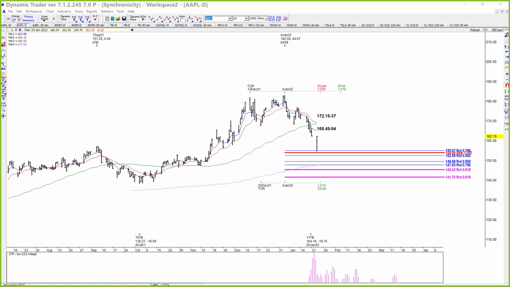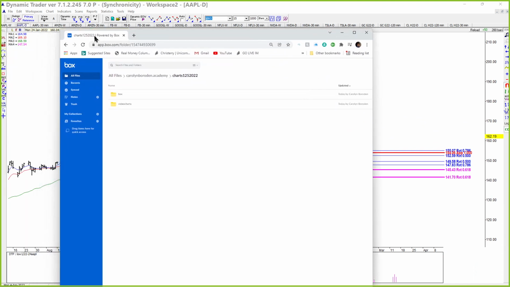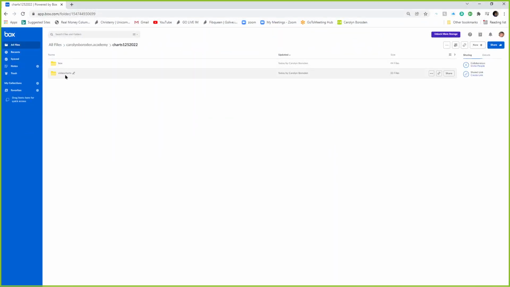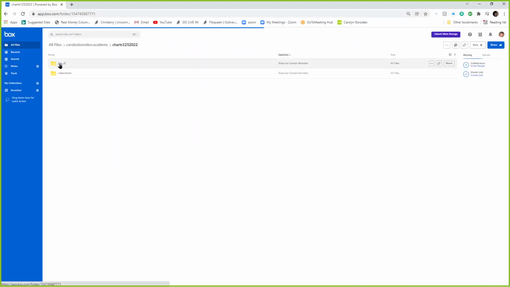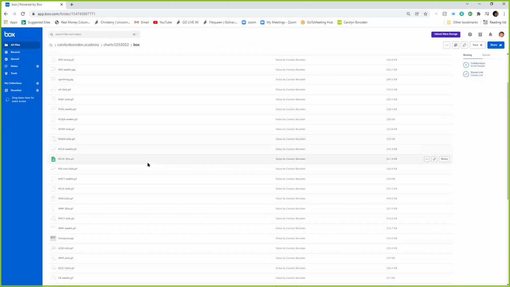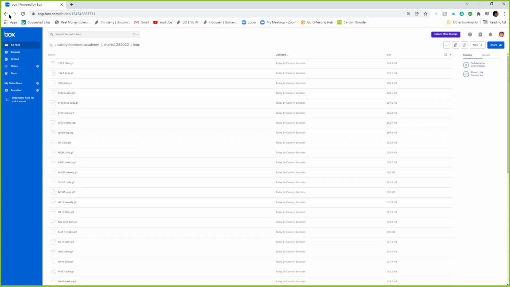Since I don't have all the charts from this morning on there now, because I transferred them over, you'll see this is what I had during the day. If you want to find those charts, you've got to go to box.com.